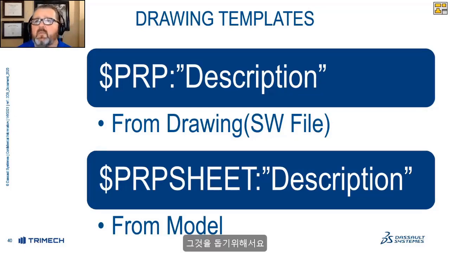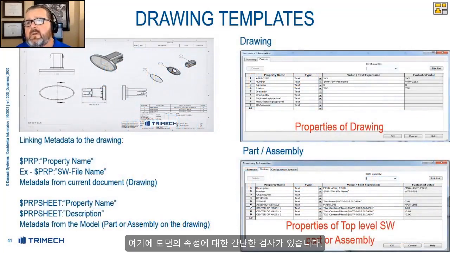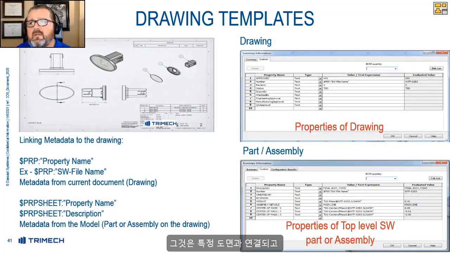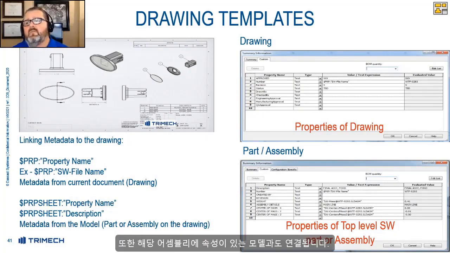Let's explore that. So here we have a simple example of properties on a drawing that would be associated with that particular drawing, and then also that model, that assembly, has properties as well.